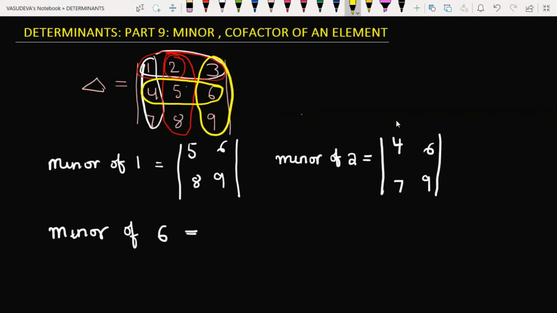Leaving the elements of the second row and the third column, taking the determinant of the remaining elements, that is 1, 2, 7, 8. This is 1, 2, 7, 8, which gives the minor of 6. So this is a determinant of order 3.